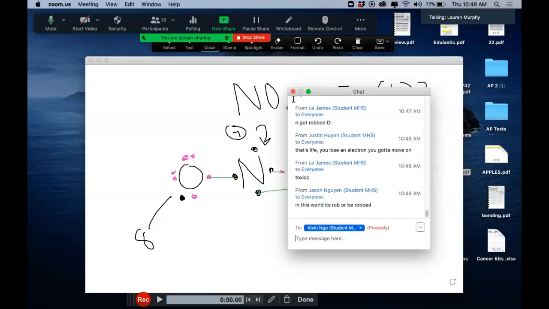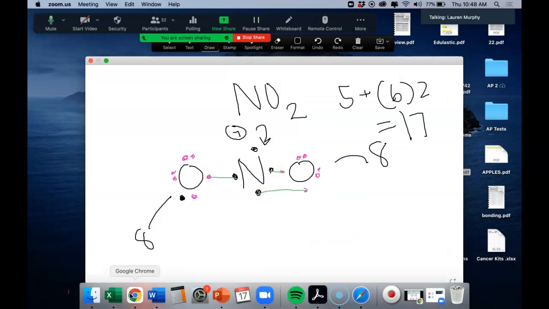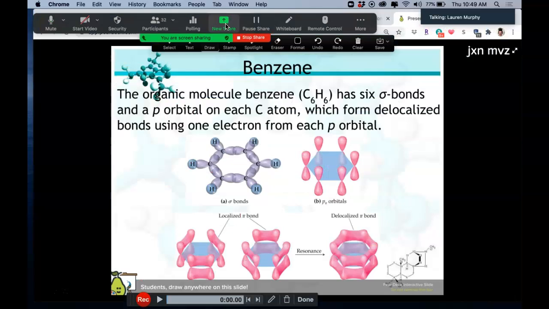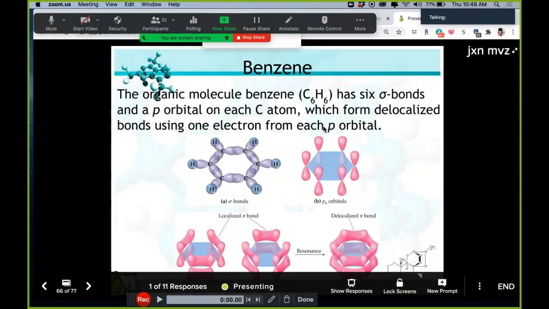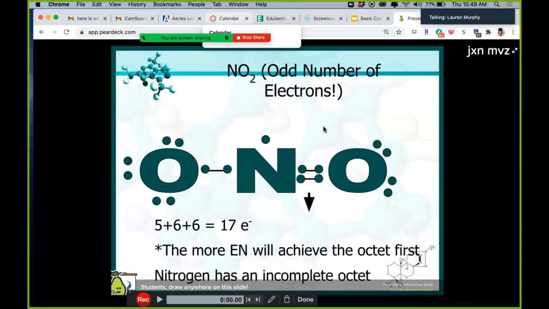Pretty rude, but you know. All right. NO2, odd numbers. Obviously, the more electronegative element will achieve its octet first because it will attract the electrons around the molecule better.